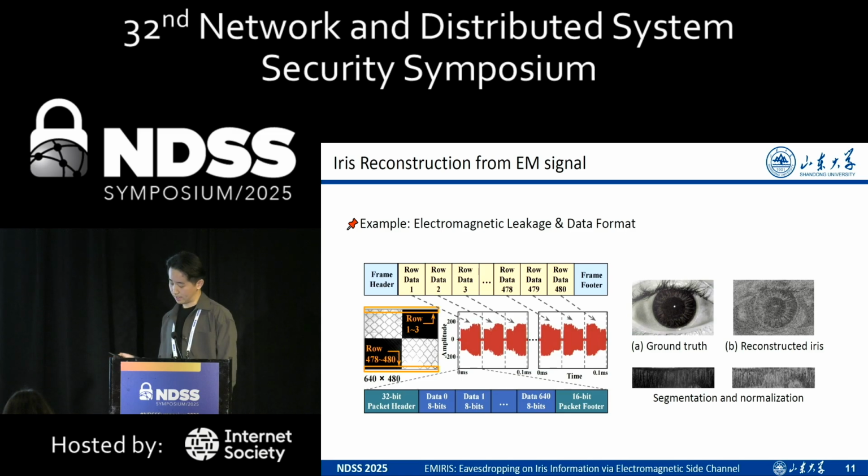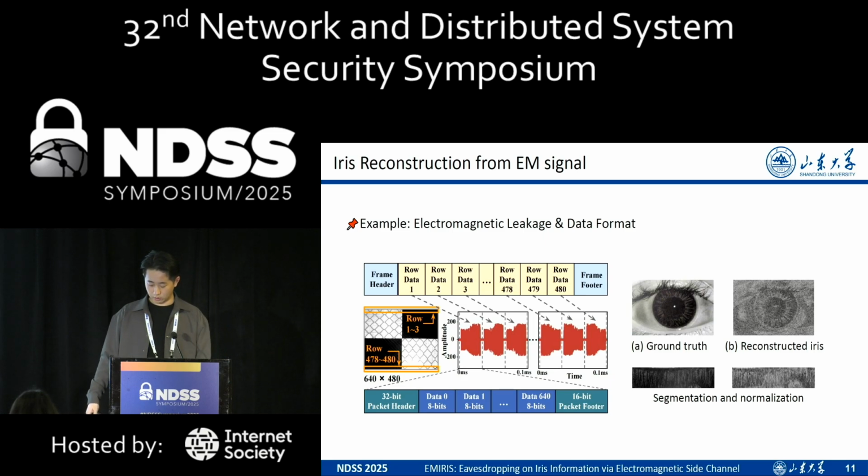Once we get results, we segment and normalize the iris data to show the patterns. In this way, we can see the feature similarity between the reconstructed iris and the ground truth more easily. As we can see here, the reconstruction captures the main texture of the original iris, but this kind of result is not clear enough. So we need to further improve iris details and make it look more realistic.